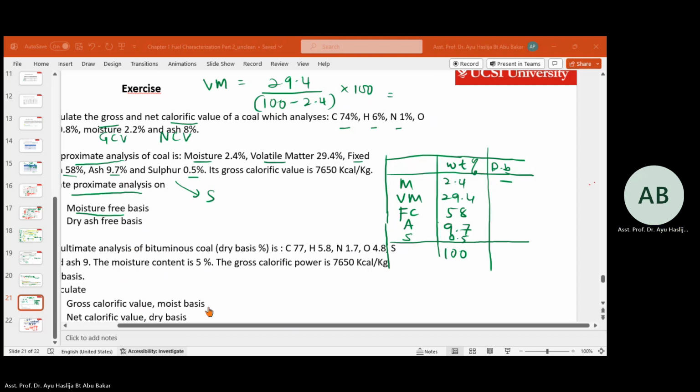You get it straight away. To input the next value, press calculate. Got it. This is the ash, 9.7; to find the moisture free, equal. You get it immediately.